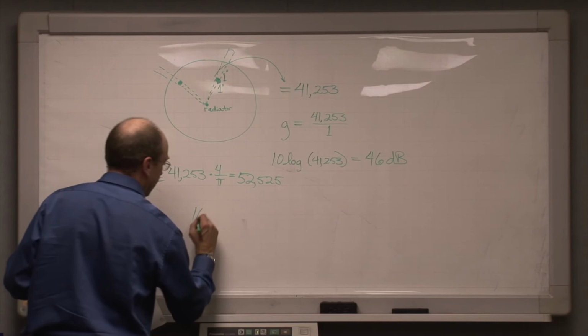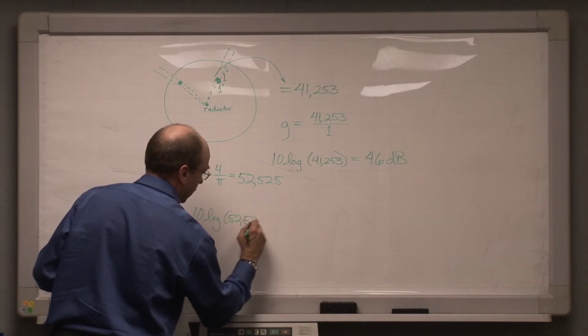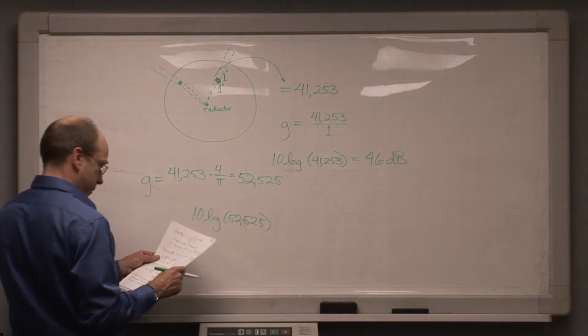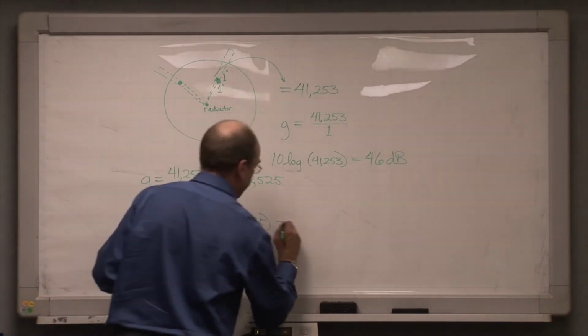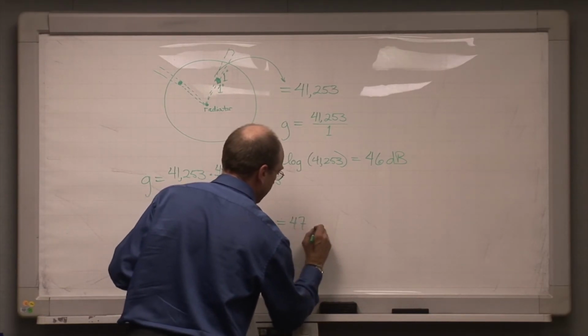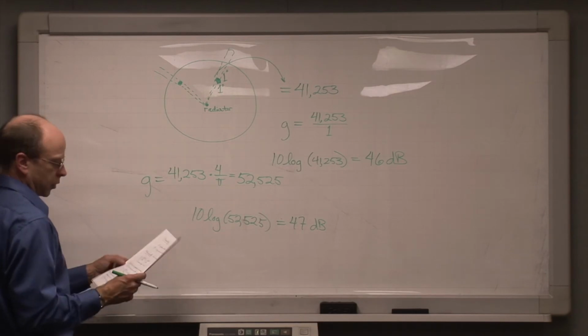And 10 log of that number is going to be just slightly larger, about 47 dB. So it doesn't make a huge amount of difference. But if we can squeeze the energy down to one square degree, we get about that.